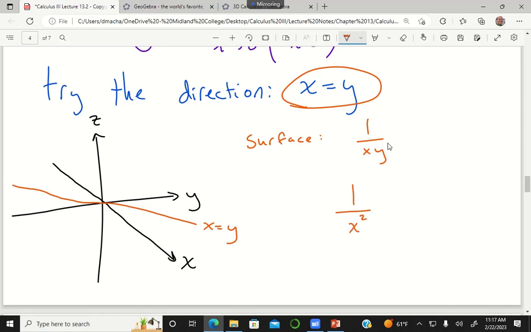Let me just replace the y with an x, and then I get 1 over x squared. And now I can think about the limit as x approaches 0. But it's still not a well-defined number you're approaching, but at least you're approaching the same infinity, right? Okay, so that's not too bad.